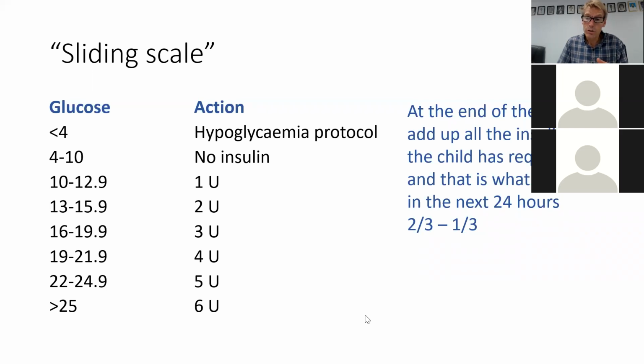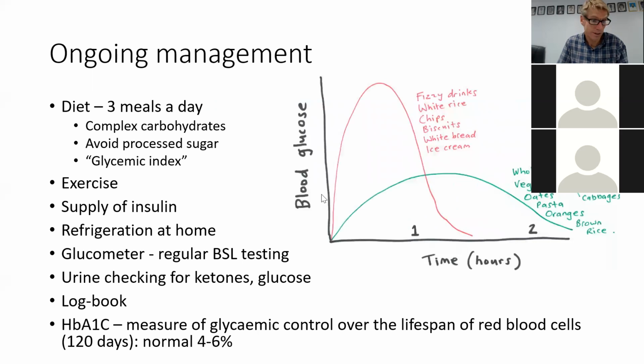Usually before you give tonight's insulin to this child in the ward, I think the registrar should be rung and told what the blood sugar is, and then they should adjust the insulin based on that. That's what you would typically do for the first few days, even the first week, while you're adjusting the amount of insulin the child receives.